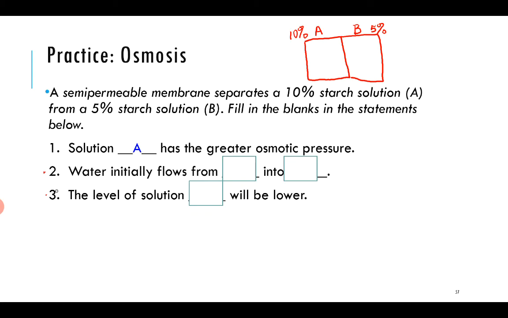Okay, let's check your answers. It says water initially flows from blank into blank. Since we're flowing from the less concentrated side to the more concentrated side, water's going to be flowing from B to A. Now, since water is leaving the B side and going into the A side, the volume of A would increase and the volume of B would decrease.